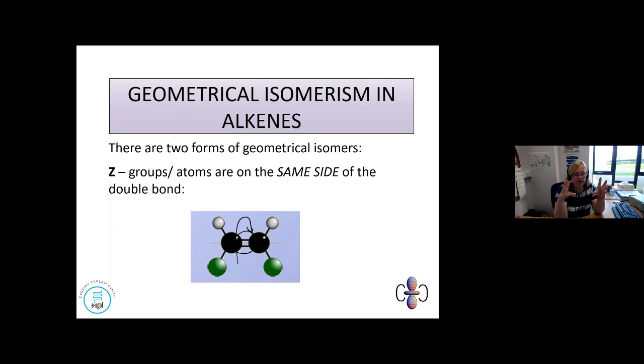So if you have, within that restricted structure, an inability to twist, it makes a difference whether you place these functionalities at the top or the bottom of that double bond. So here you can see that I've placed both similar functionalities at the bottom. Okay, so they're both at the bottom or both at the top, whichever way you want to look at it. That represents, therefore, a Z isomer.